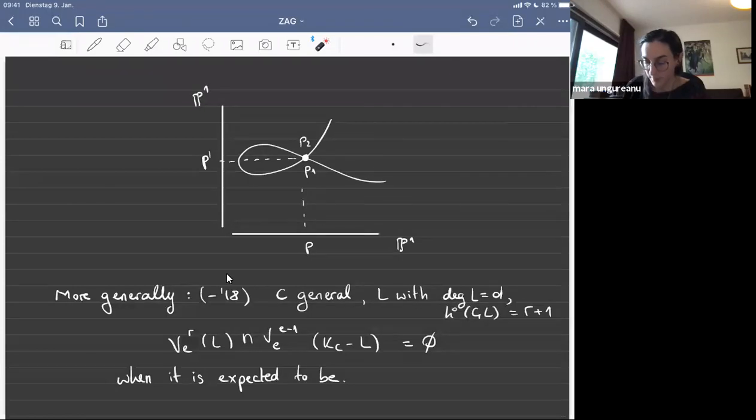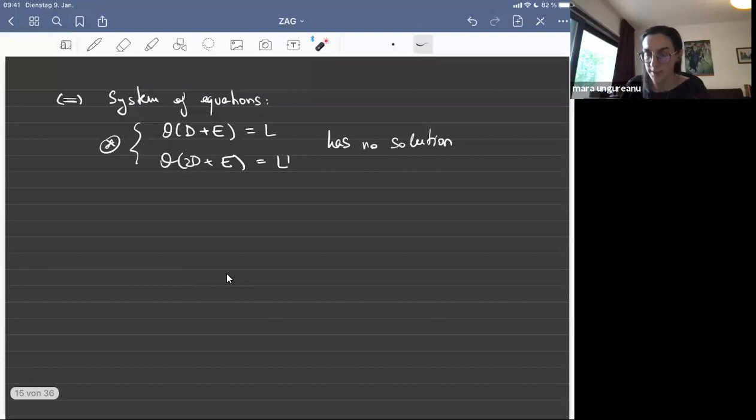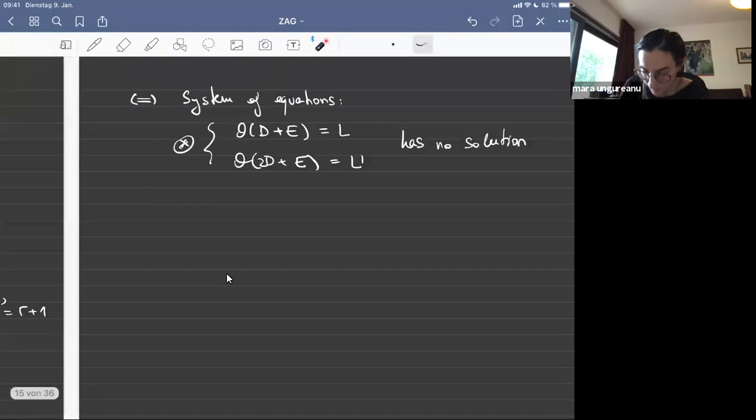So this is one nice feature, but another nice feature is that the proof gives you a nice recipe to deal with a certain kind of setup that I'm going to explain to you now.